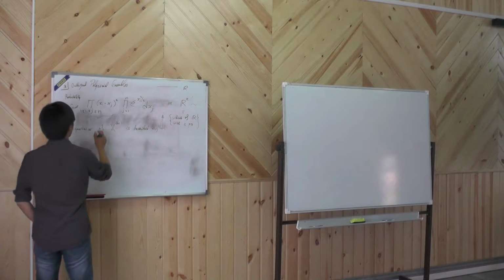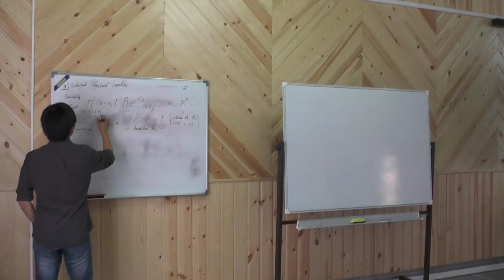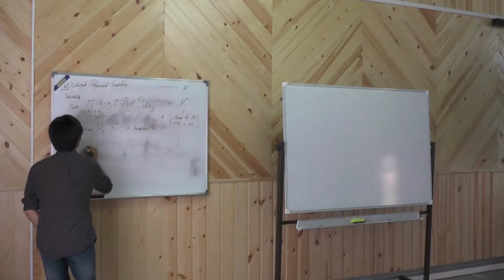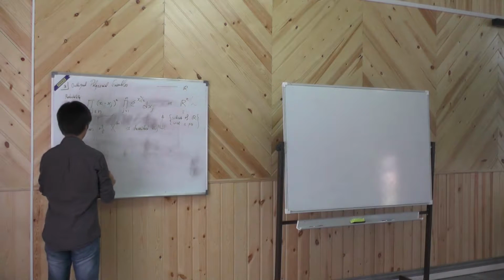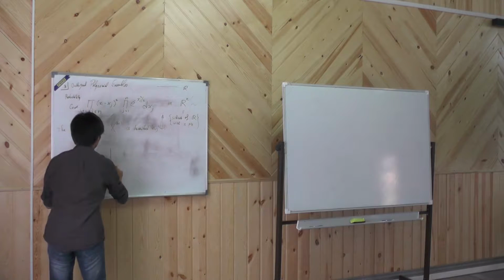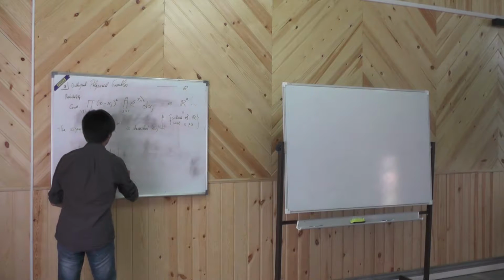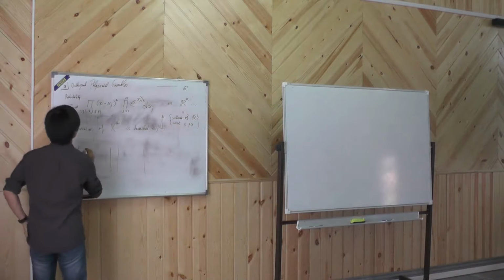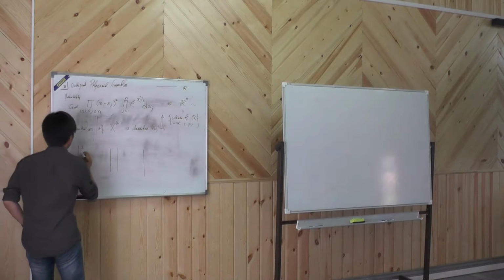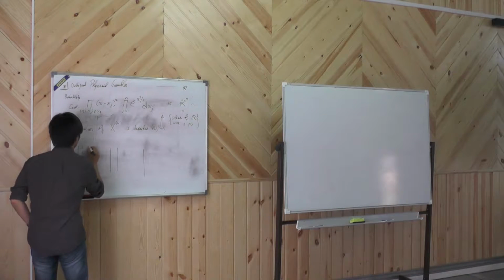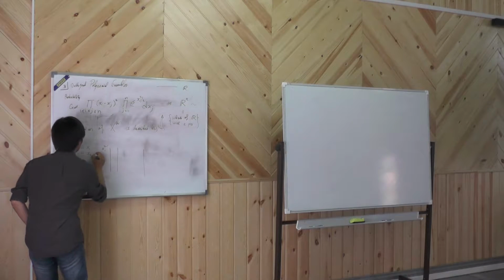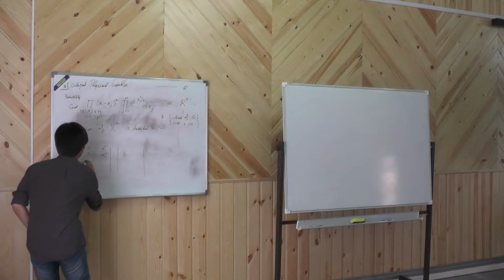So this probability, we have a Vandermonde determinant. The square of the determinant, this is 1, x1 to the power n minus 1, x2 to the power n minus 1.